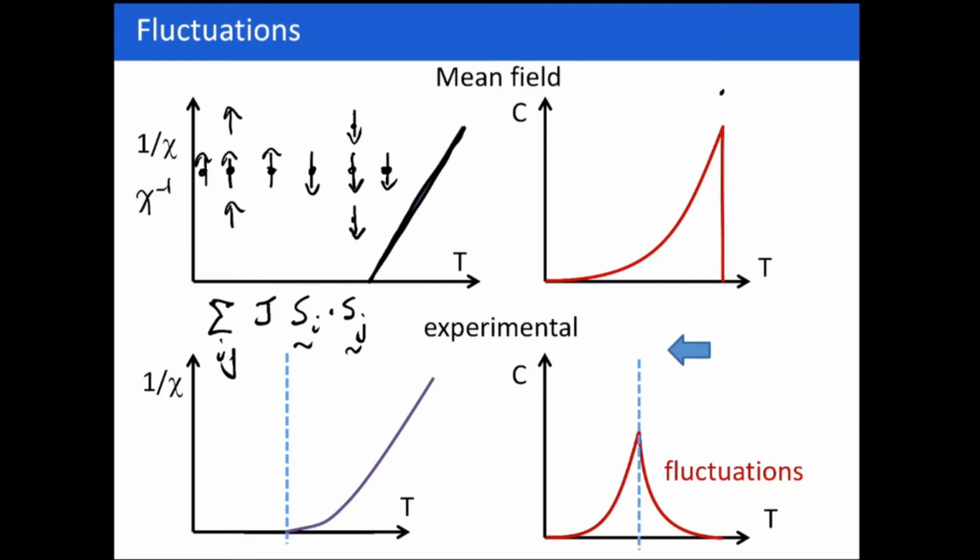But in reality, if we imagine what actually might happen in the system as it goes just above TC here, we'd probably have local regions, and I've drawn here two regions close in space, one with the spins locally all lined up, and then one here where the spins are all locally pointing down. The exchange interaction would tend to allow these things to happen.